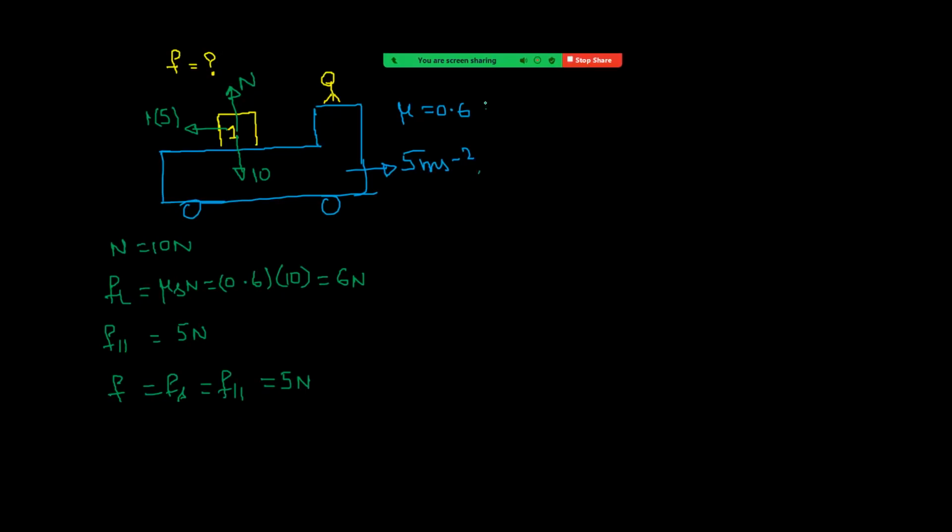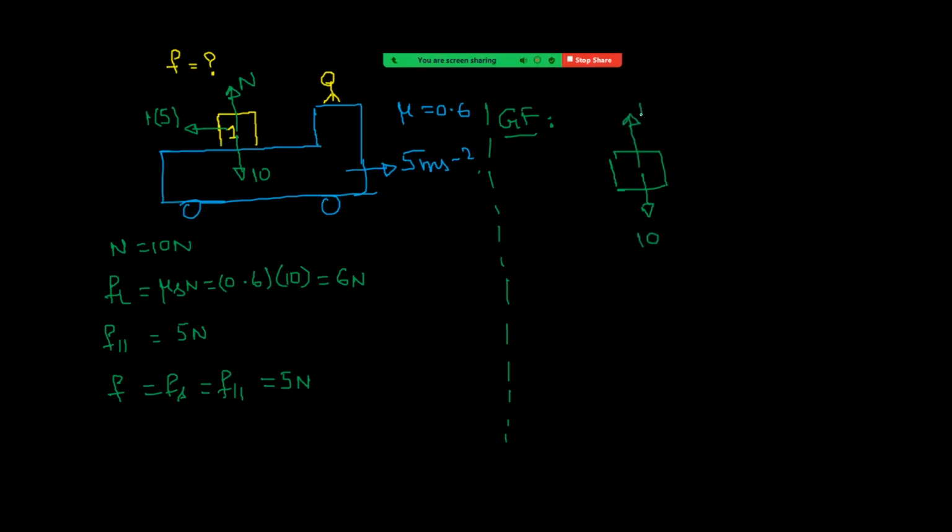Suppose you want to solve the same question from the ground frame, let us see how to solve from the ground frame. See where the change comes. Forces acting on the block: mg, no change.